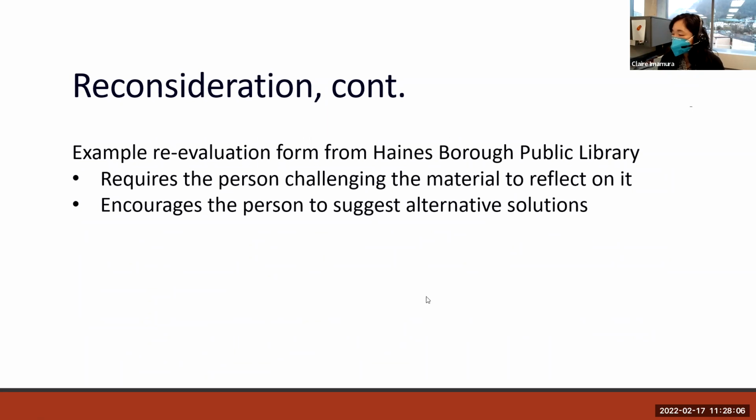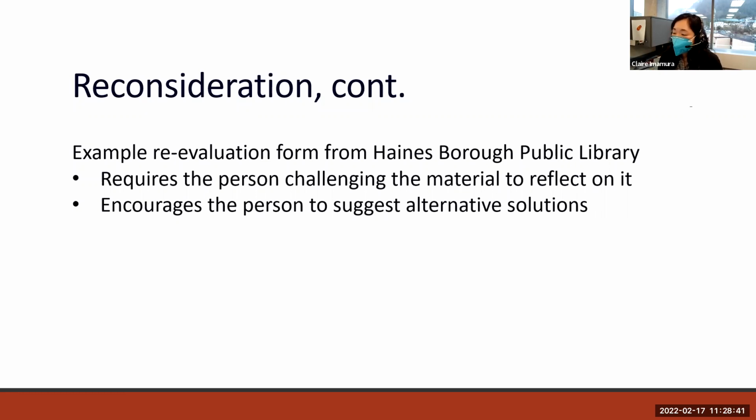And I think this form, if the person requesting the challenge is thoughtful about filling it out, it really requires them to reflect on that book or work and think about what's reasonable as far as what the library is going to do, and maybe do a little bit of outside research about that item.